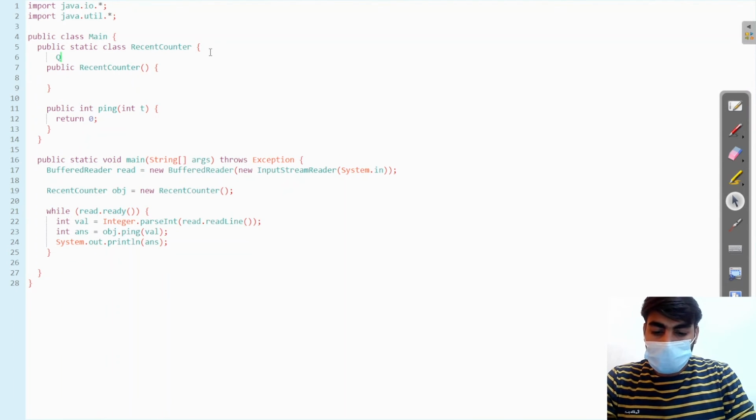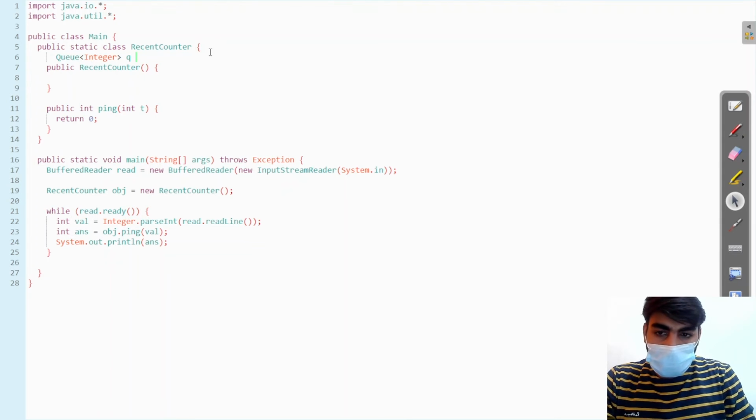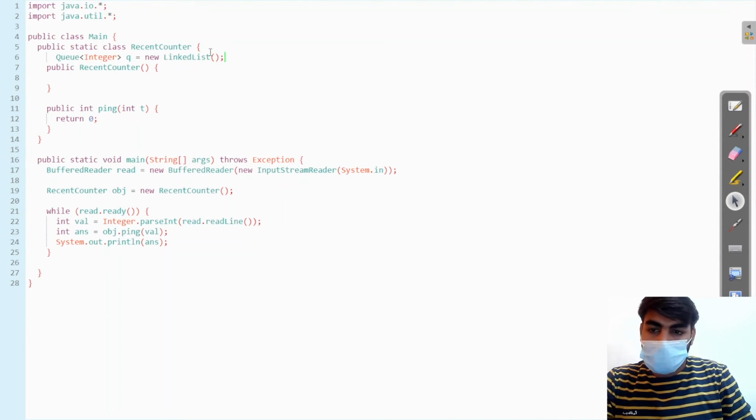So I am creating a queue of Integer type, capital I, giving it the name queue. Okay, this is our new queue.